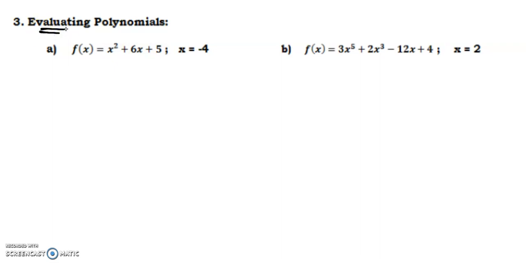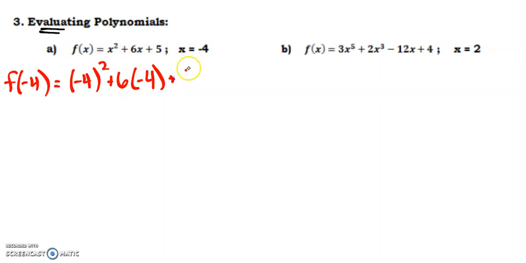All right, our next skill to review is how to evaluate a polynomial. Remember, evaluating means your final answer is going to be a value. So if I want to evaluate this function when x is equal to -4, that means f of -4. Every time I see an x, I'm going to replace that x with a -4. Then I'm going to carefully follow my order of operations.